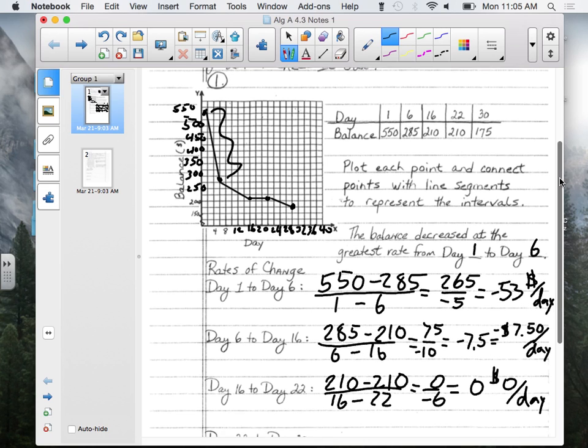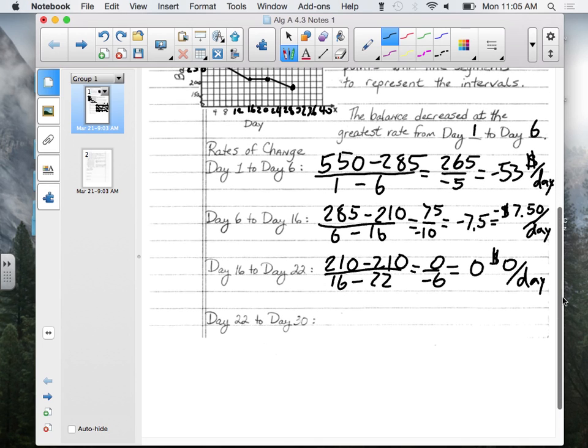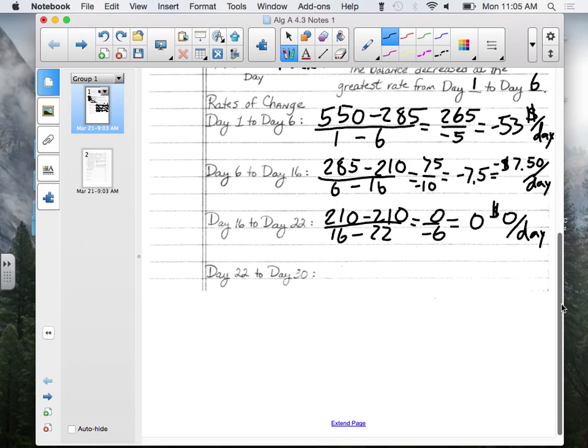Alright. Now, the last one, we can scroll down. What were the values for that one again? 220 minus 175. That's 175, 22 minus 30. It was 35. That's negative 5.83.